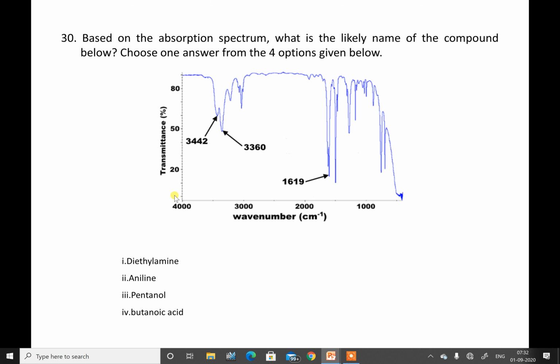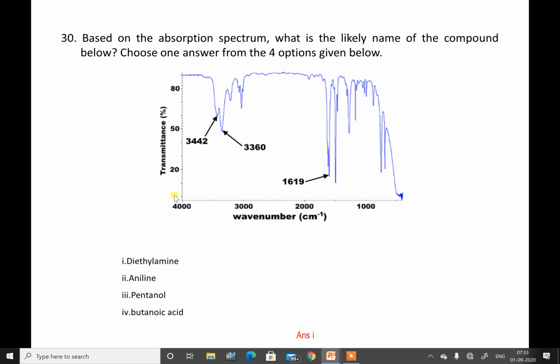Now we will deal with certain graphs, and this question is based on the interpretation of the graph. Based on the absorption spectrum, what is likely the name of the compound below? Choose one answer from the 4 options: diethylamine, aniline, pentanol, or butanoic acid. One thing is very sure, that it is not pentanol, and also it is not butanoic acid.